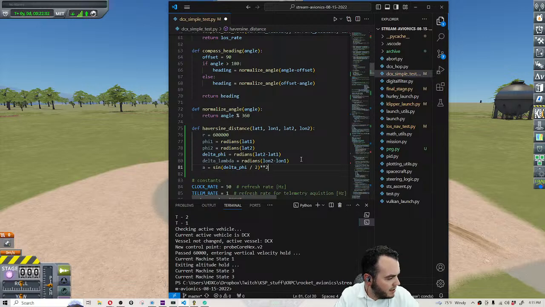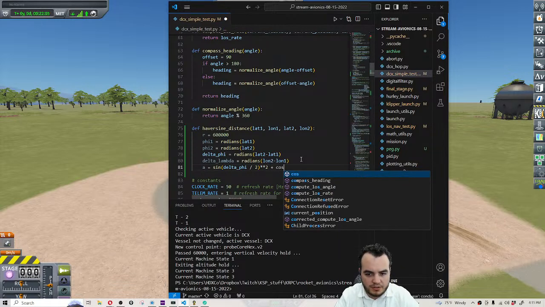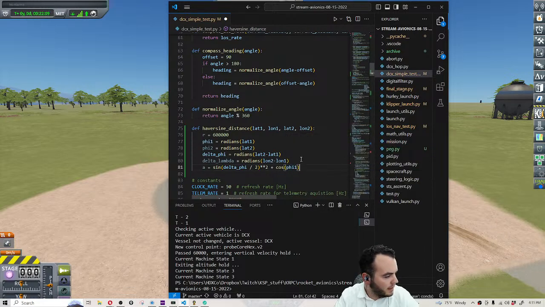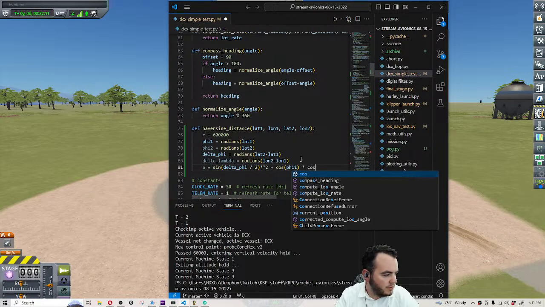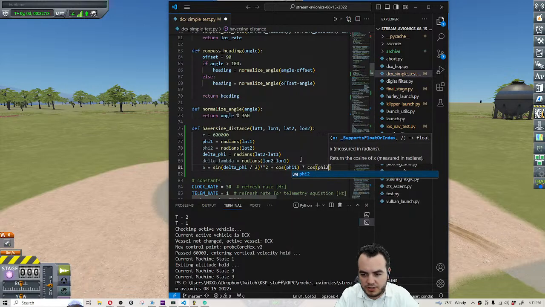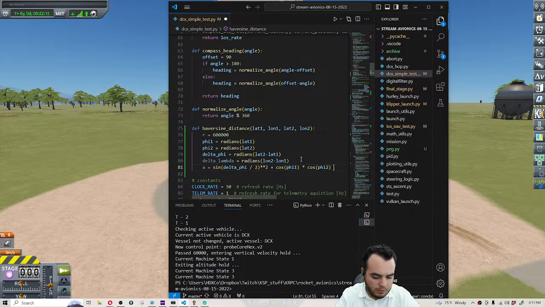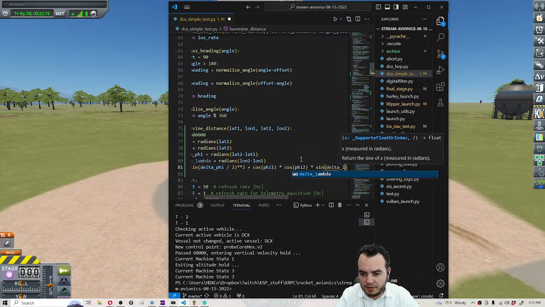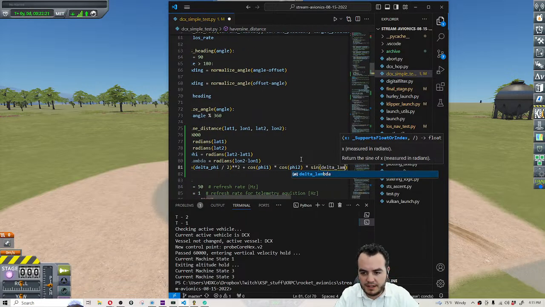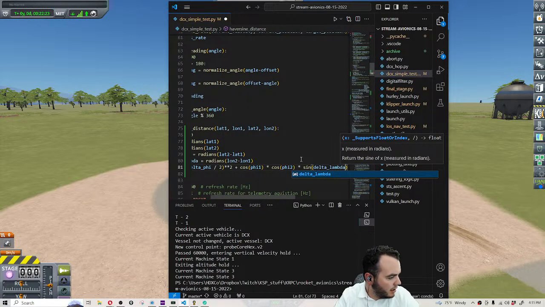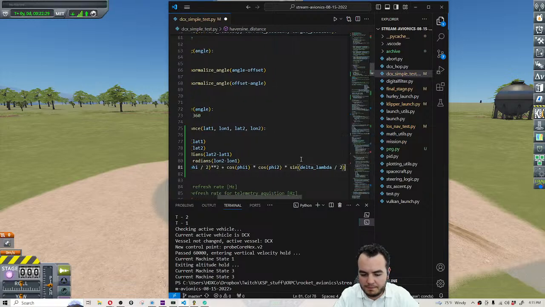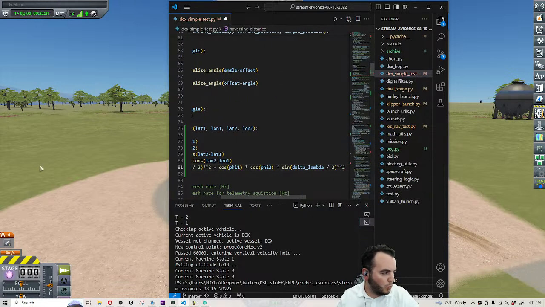All right, so that's that first term, plus cosine of phi 1 times cosine of phi 2. And then we're going to multiply all of that by sine of our lambda, which is the difference in longitudes, also divided by 2 and squared.